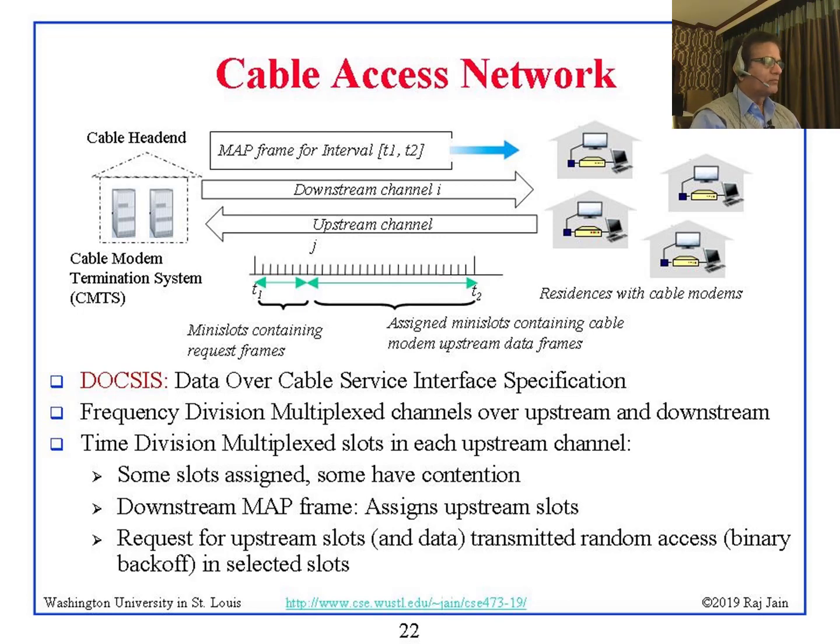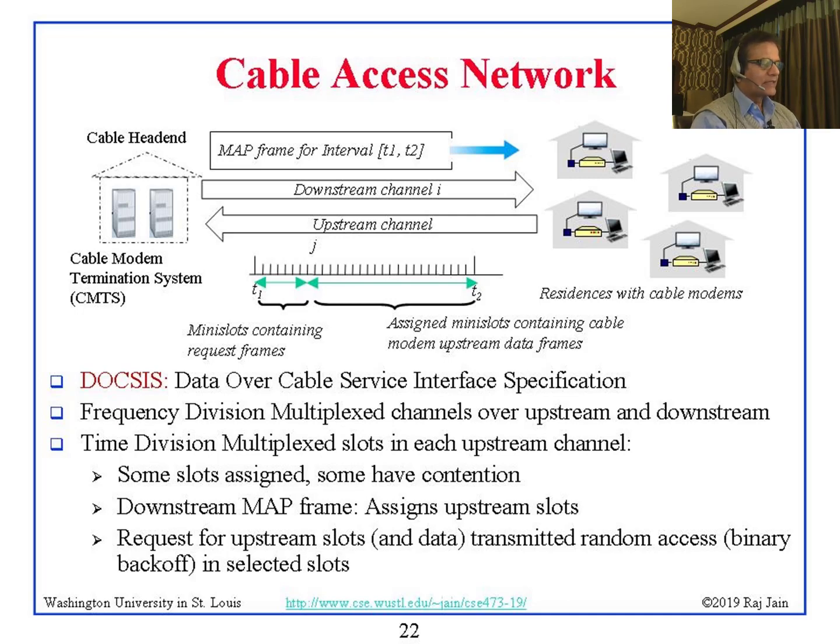So every home, I mean there could be only so many homes on one frequency, and so there could be many frequencies both upstream and downstream, and each frequency will have time slots like we talked about. So time division multiple access in each upstream and downstream. Now some slots are assigned, some have contention.